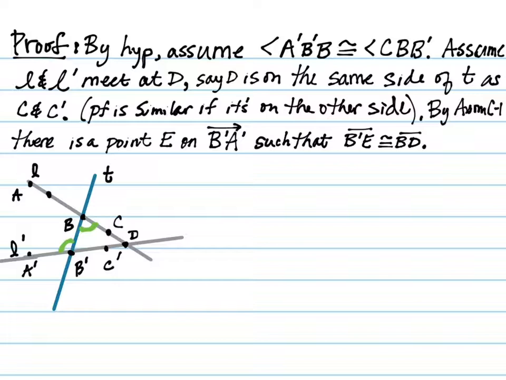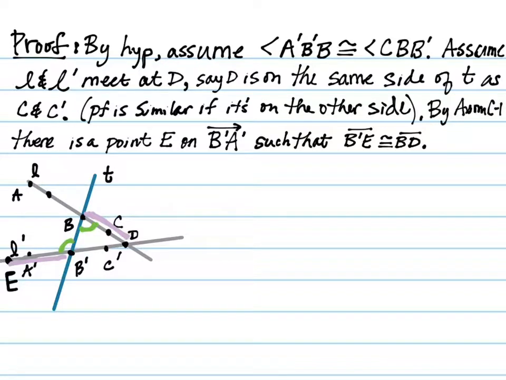All right, here's my point, E. So this length from B prime to E is congruent to the length from B to D. Did I get it all in there now? My picture. B prime D, B prime E. Oh, I marked the other one, didn't I? B E here. Now do I have it right? Yeah. I don't have this picture in my notes. This is why I'm creating the picture from scratch. This is my problem. Okay, cool.